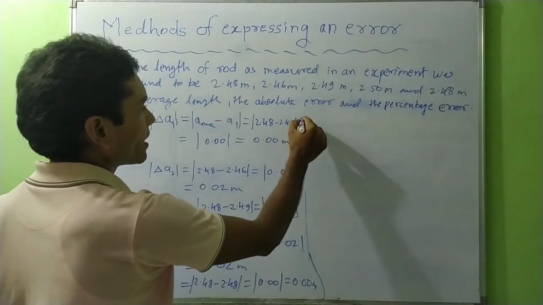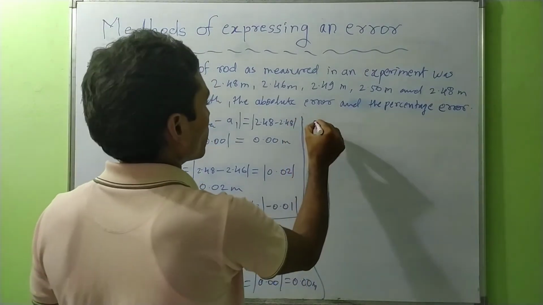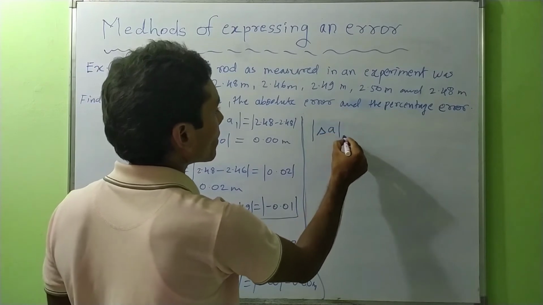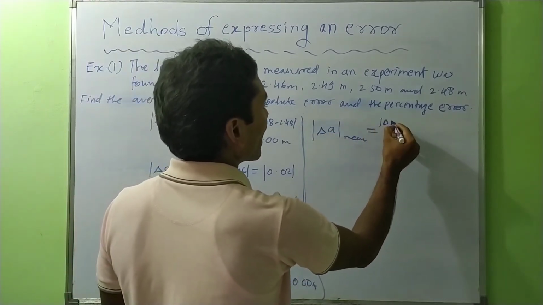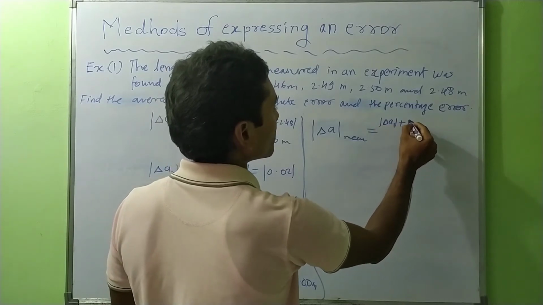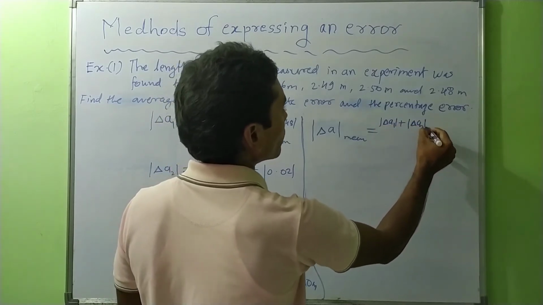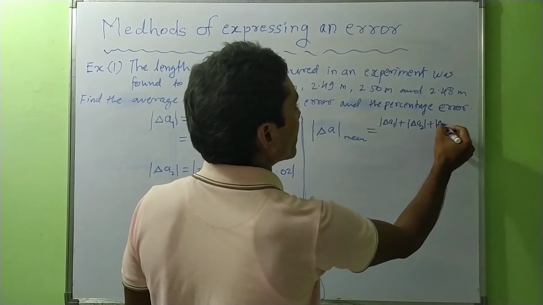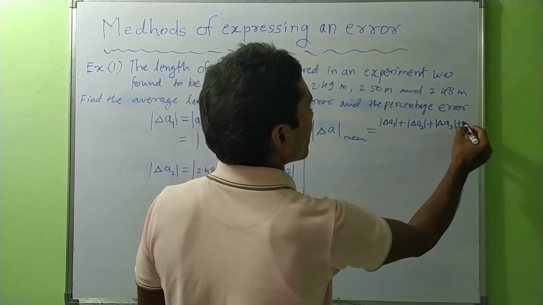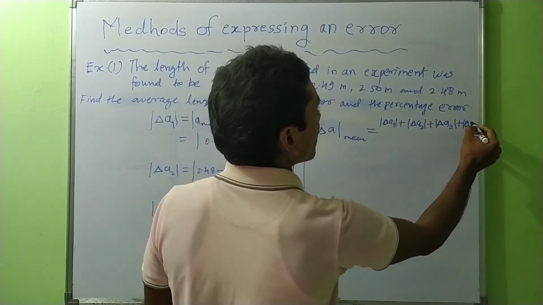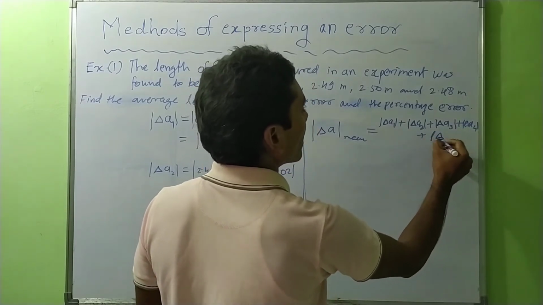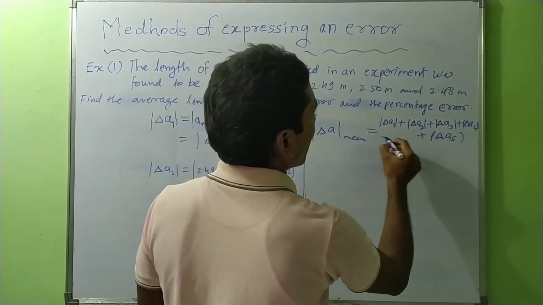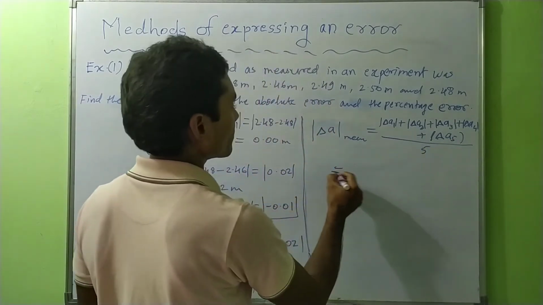Now we will calculate the mean absolute error. So the mean of del A will be equal to modulus del A1 plus modulus del A2 plus modulus del A3 plus modulus del A4 plus modulus del A5 upon 5.